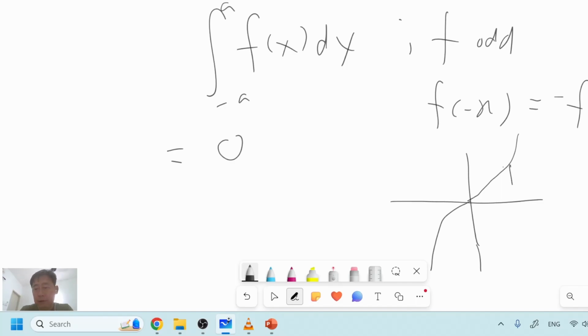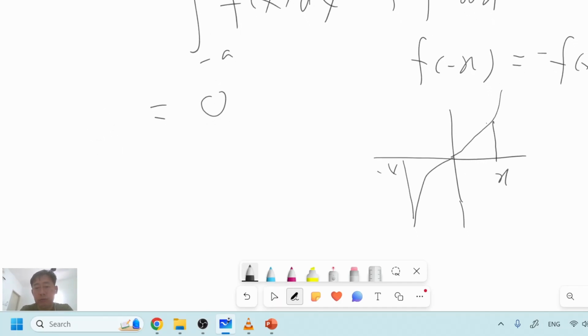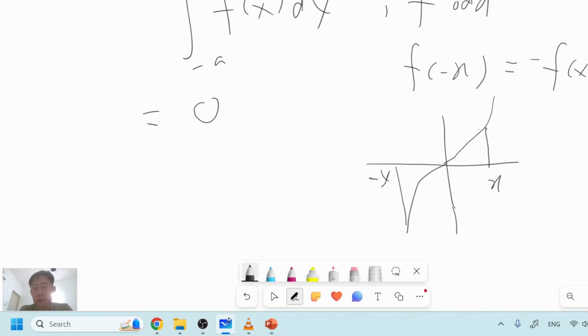If you have a value of x here and the value of minus x here, due to the oddness of the function, the value f at x would be equal to the negative of f at minus x.